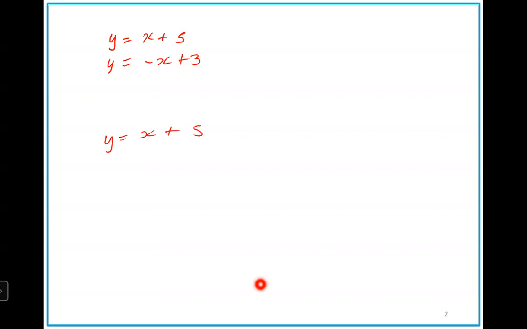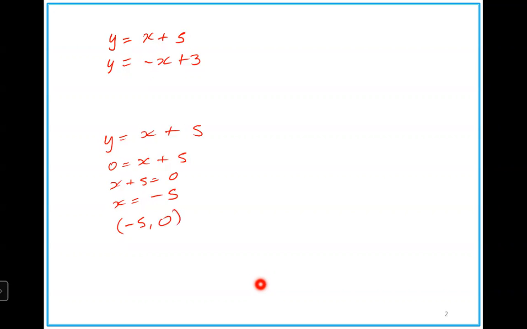So if y is equal to 0, then you say 0 equals x plus 5. So you could rewrite that as x plus 5 equals 0. So x is equal to negative 5. So the point you would plot for that is negative 5 and 0.